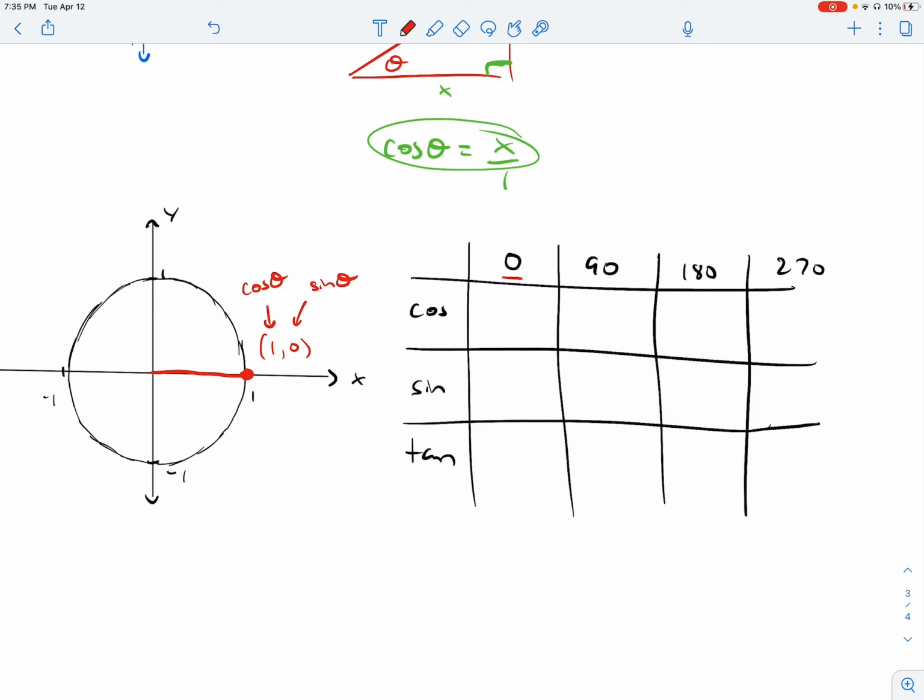So if cos theta is 1, and the angle is 0, then cos of 0 must be 1, and sine of 0 must be 0. I wrote theta here, but remember the angle is just 0, so I can just write in 0 for those. Cos 0 and sine 0.